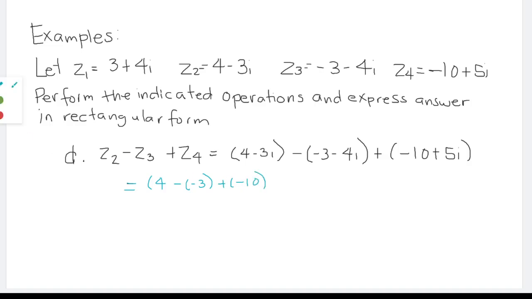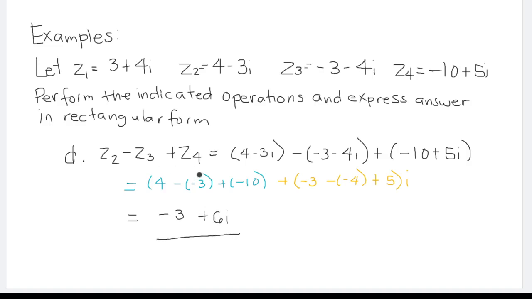Then we add the imaginary parts, labas na natin yung i: negative 3 minus negative 4 plus 5i. So the result is 4 minus 3 is 7, minus 10 is negative 3. Negative 3 plus 4 is positive 1, plus 5 is plus 6i. This is the result.